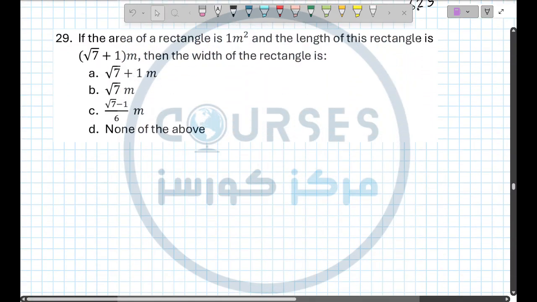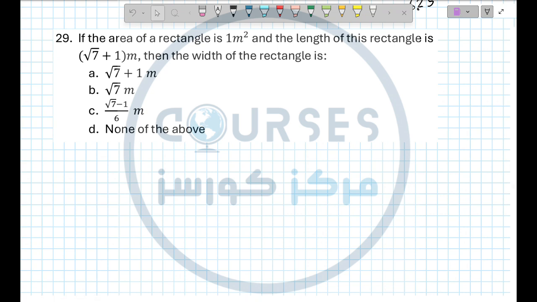Okay, if the area of a rectangle is 1 meter squared and the length of this rectangle is square root of 7 plus 1 meters, then the width of the rectangle is. So we have a rectangle.